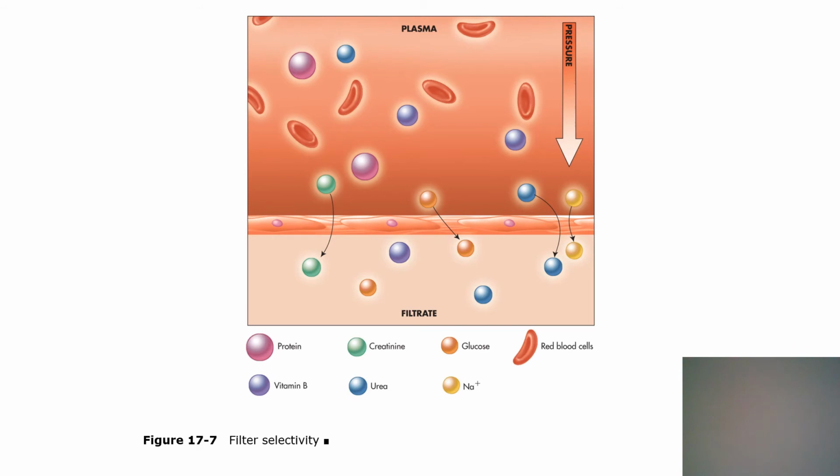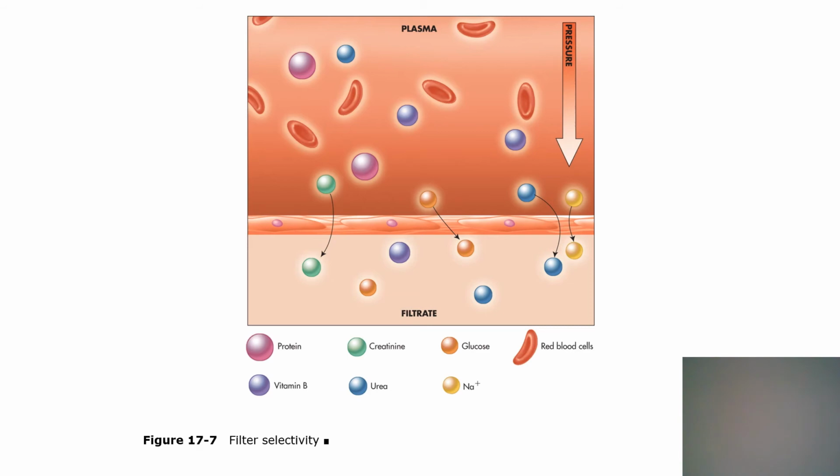All right, so filter selectivity. Again, this is your filtrate, and so this is the blood that's being brought in to be filtered in the glomerulus.